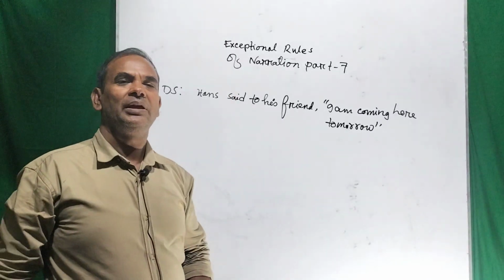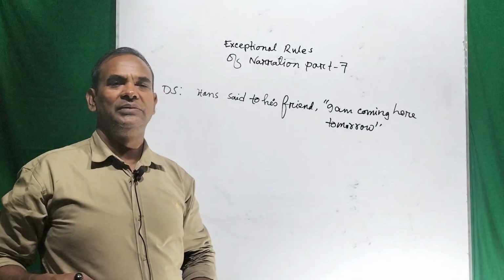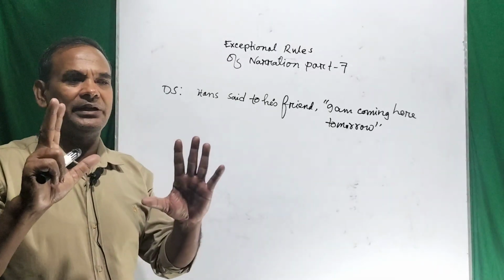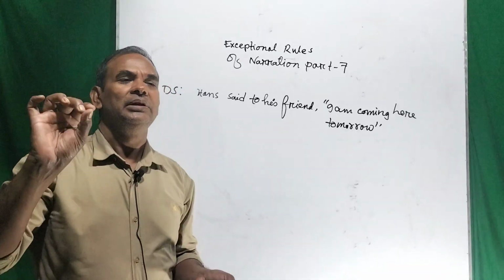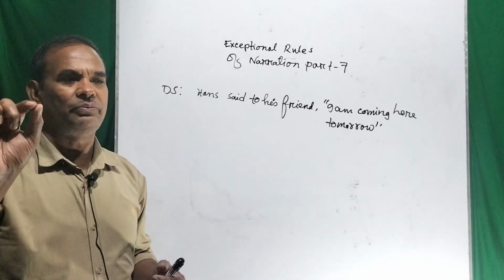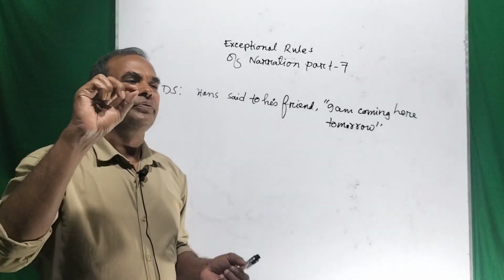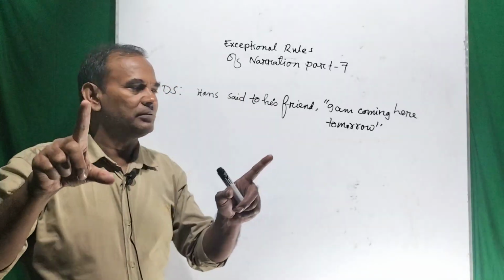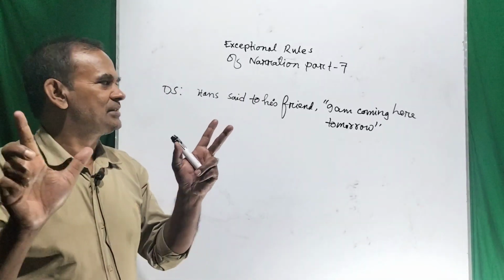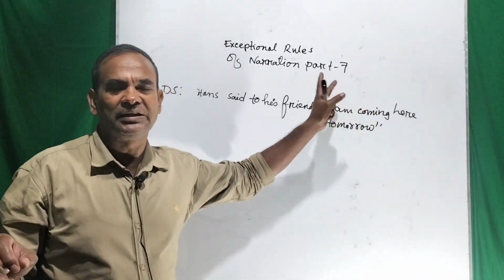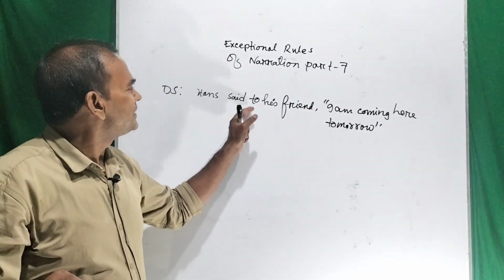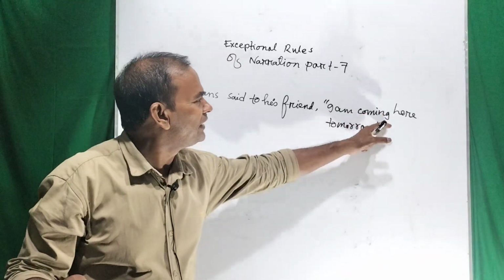But you can understand that anything is expressed in two ways: first of all, the direct way and the indirect way. So this "here" has been expressed indirectly. Hans said to his friend, "I am coming here tomorrow."